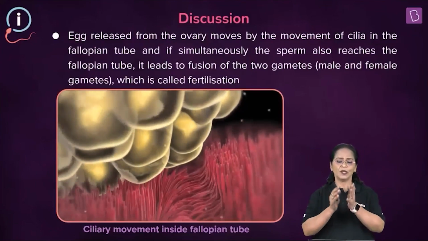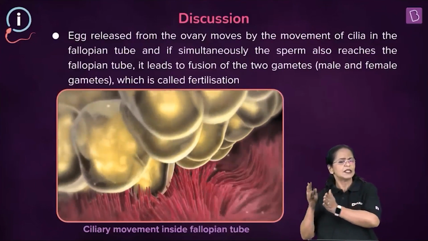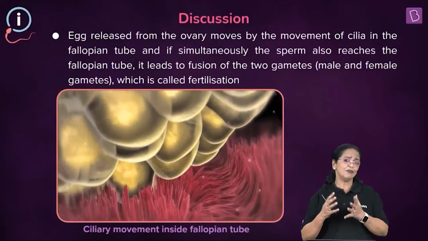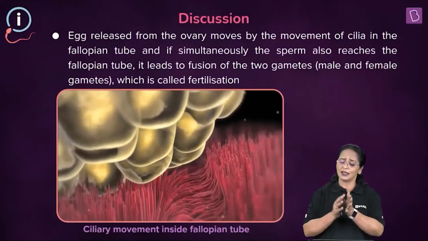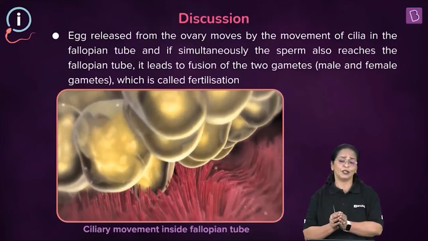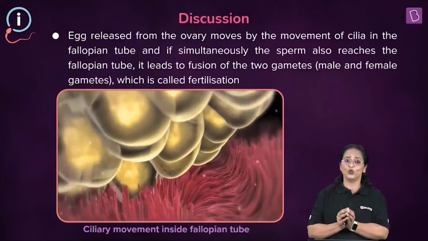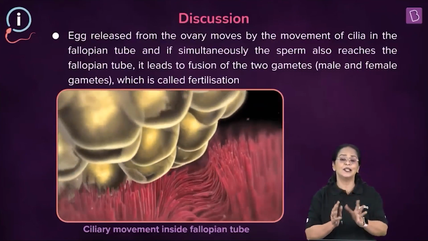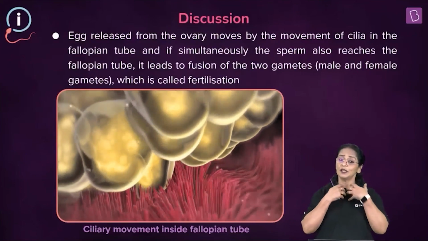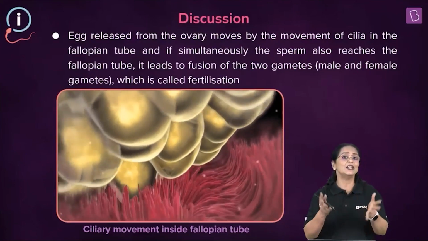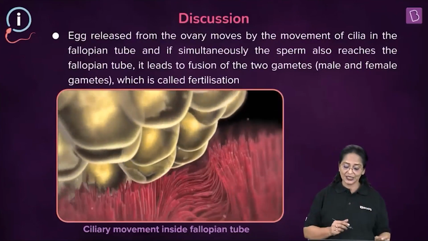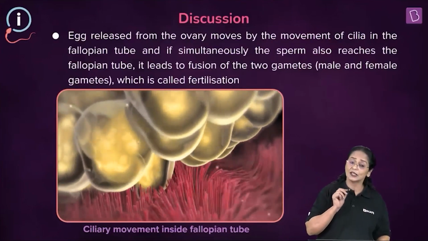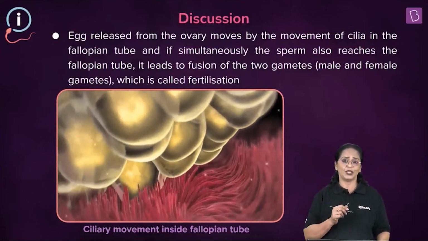The ovary will have oocytes in different stages of development. The Graafian follicle is nothing but the mature follicle which has the secondary oocyte which is going to be released. So the Graafian follicle ruptures and releases this secondary oocyte, and that process is called ovulation.